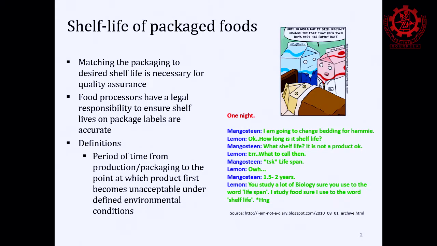So by definition, shelf life means it's a period of time from the production or packaging, because packaging happens immediately after production, so that comes together, to the point at which the product first becomes unacceptable under defined environmental conditions. Okay, so whatever shelf life we define or specify on the package, it is under certain storage conditions.